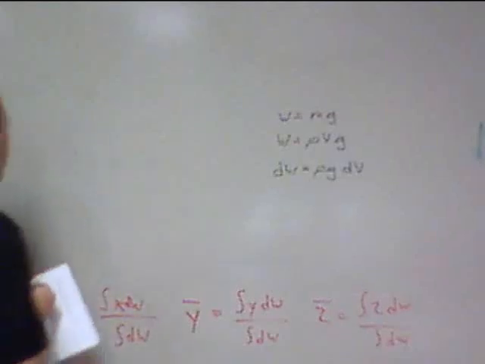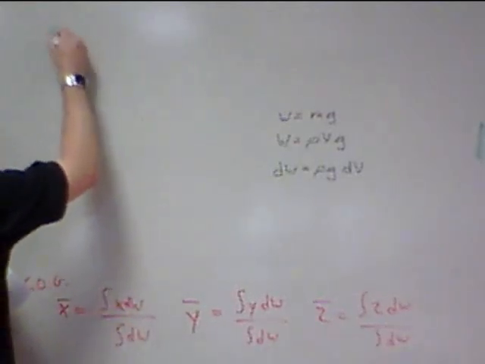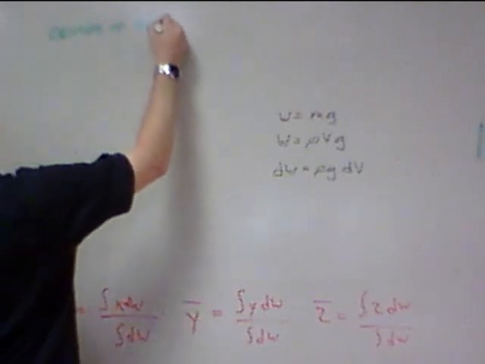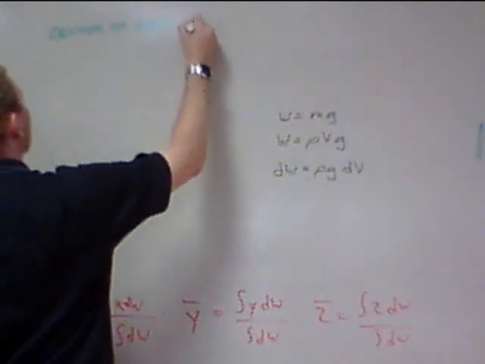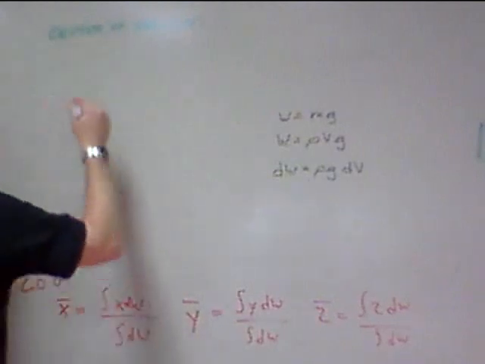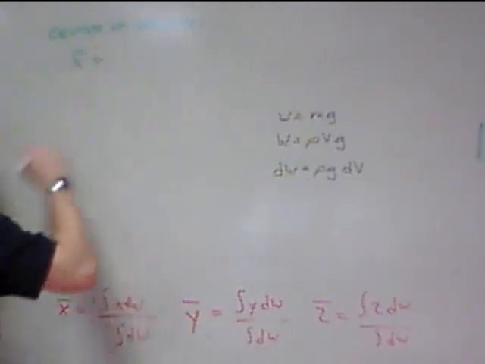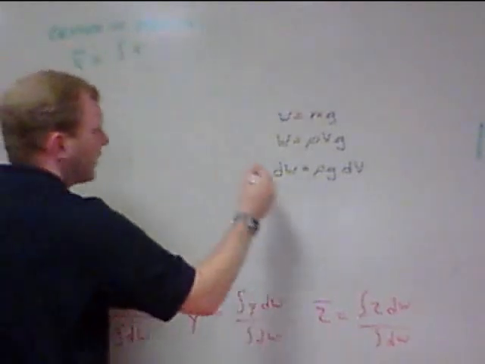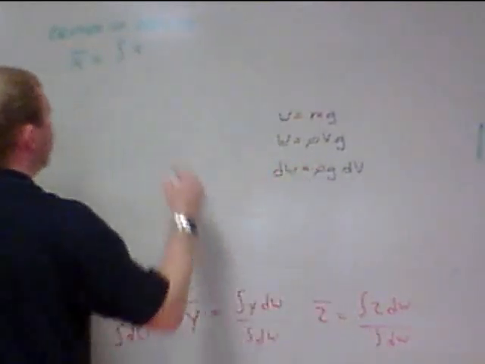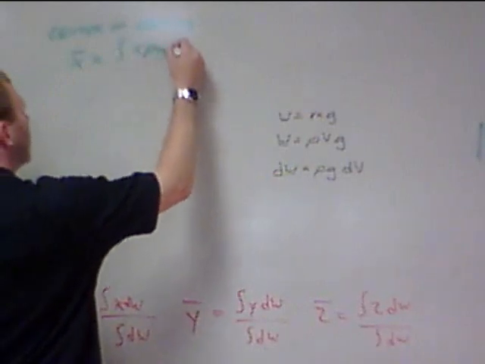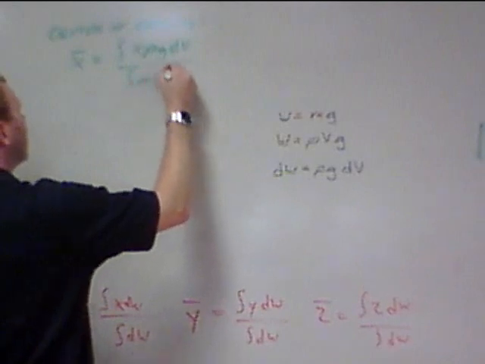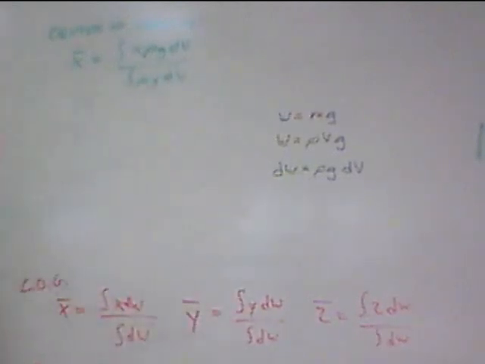So center of gravity: x bar is equal to the integral of x dW, which is now rho g dV, over the integral of rho g dV. I'll just leave that for x for now.